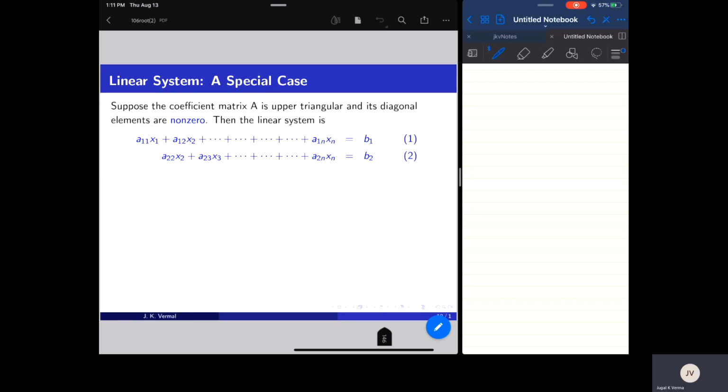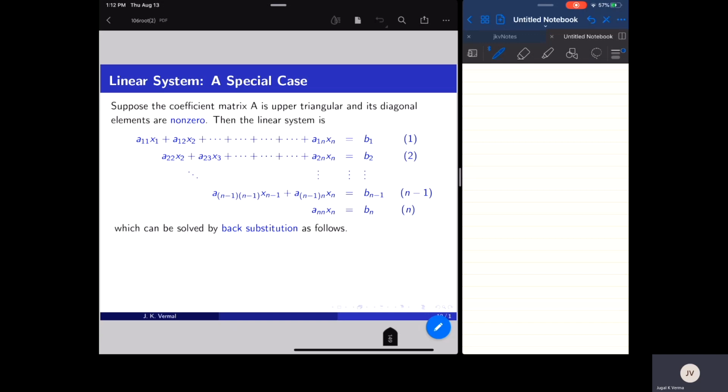The second equation doesn't have x1 in it. The third equation will not have x1, x2 in it, and so on. The last equation has only one variable xn. So as we move down, one variable disappears from the equation at a time. And finally, the last equation has one variable only, xn.